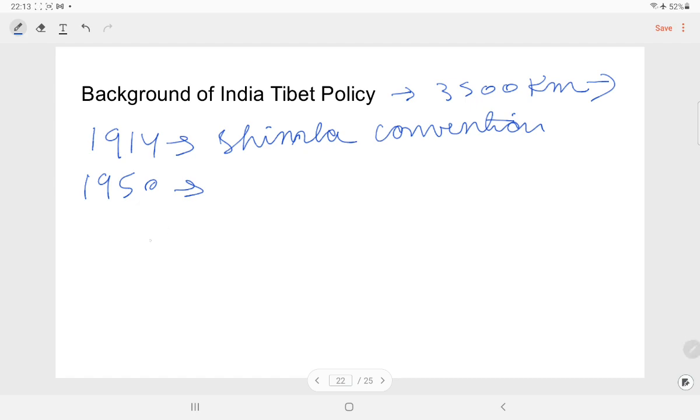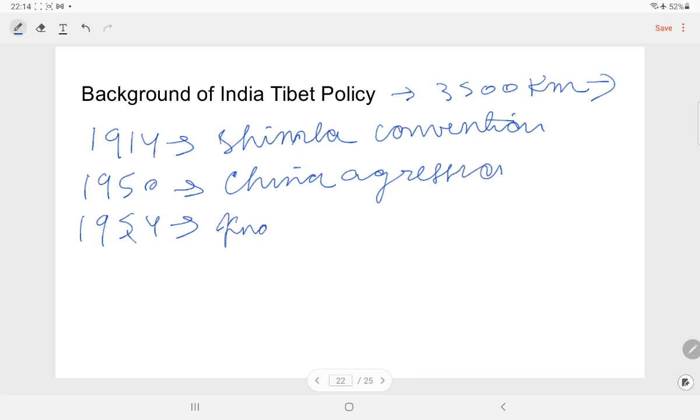Further, in 1954, India signed an agreement with China, which recognized China's aggression of 1950.